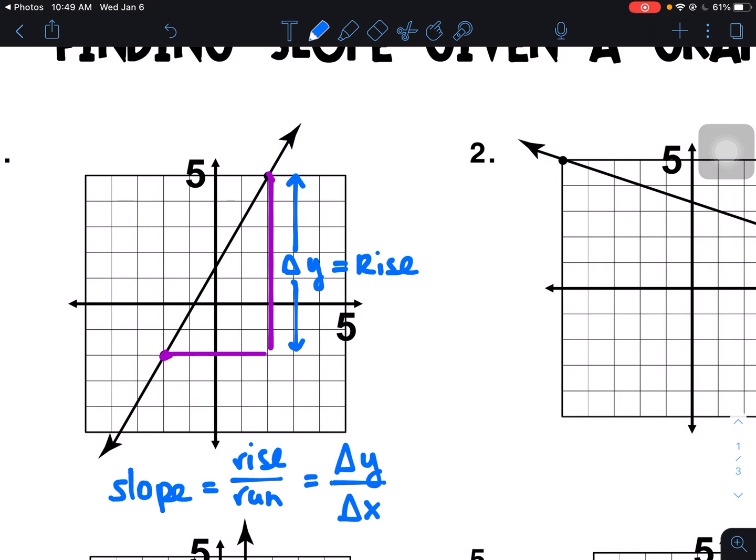So I go from -2 up to 5. Or I can count the spaces because we're counting by 1 each time. 1, 2, 3, 4, 5, 6, 7. My change in y is 7.